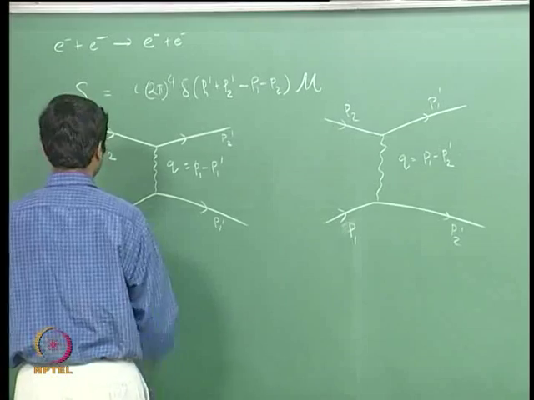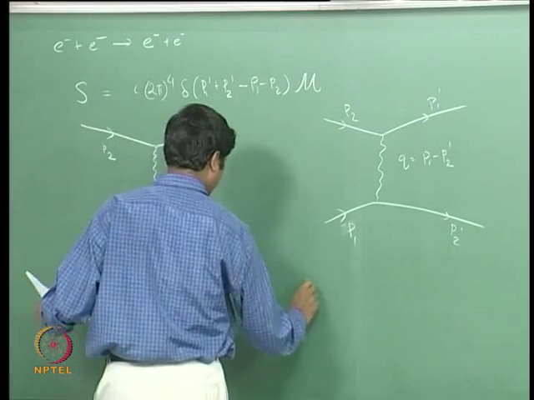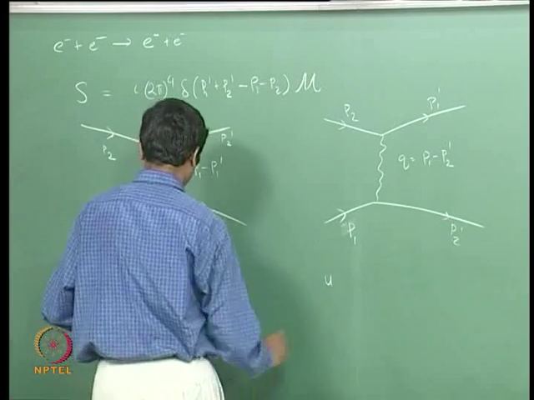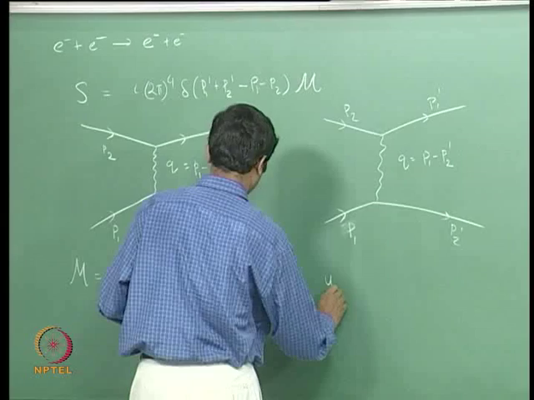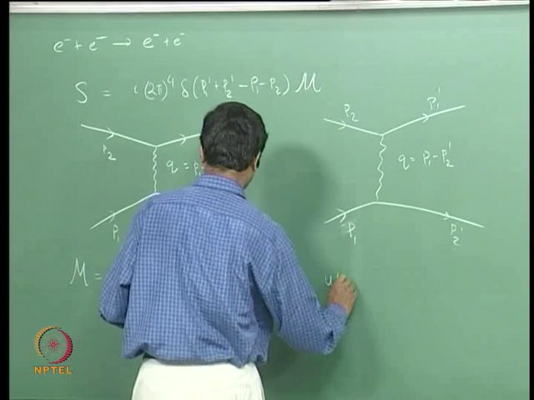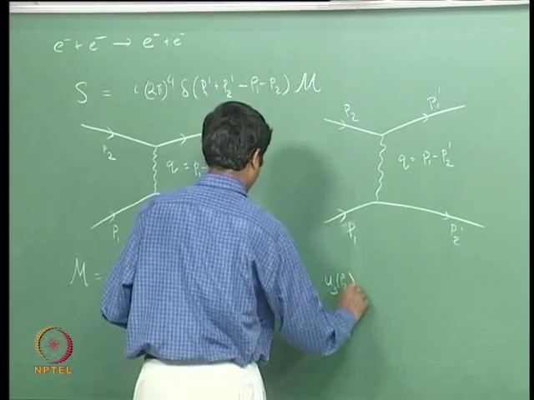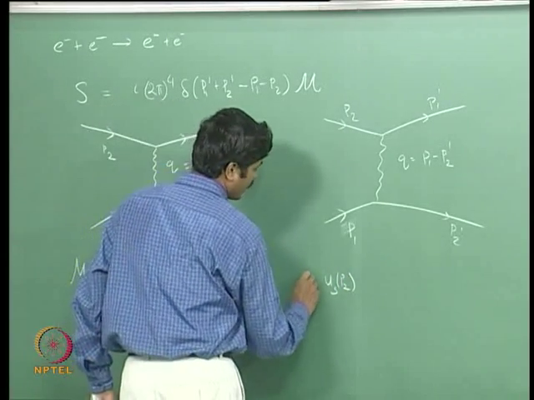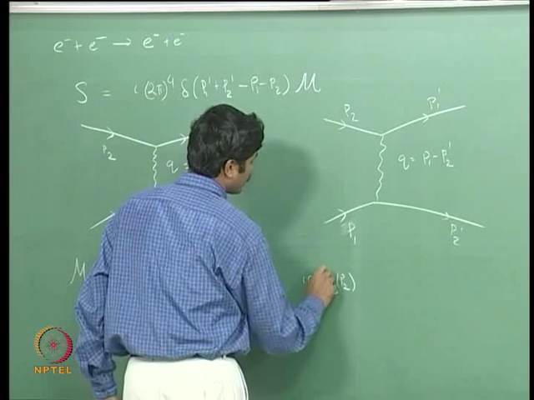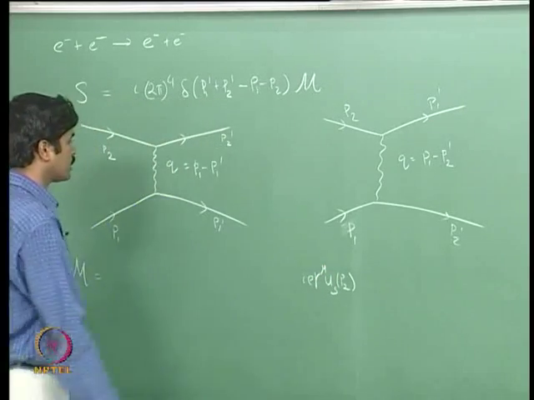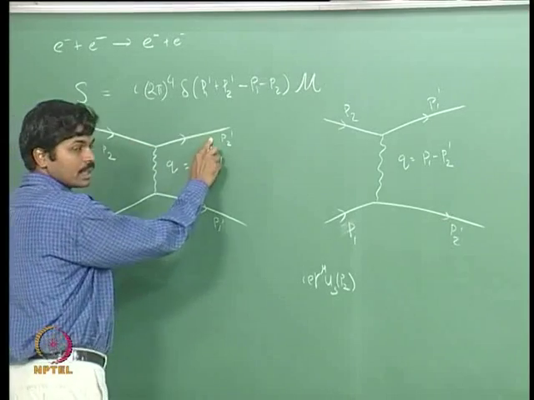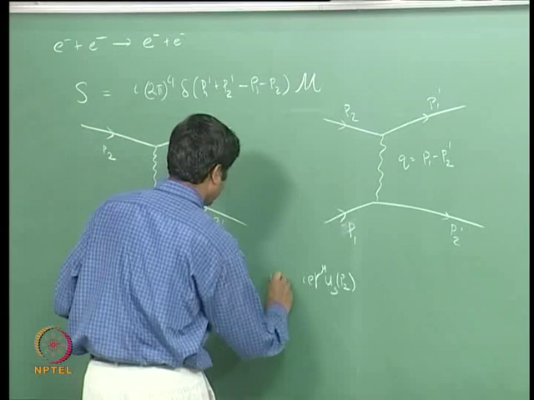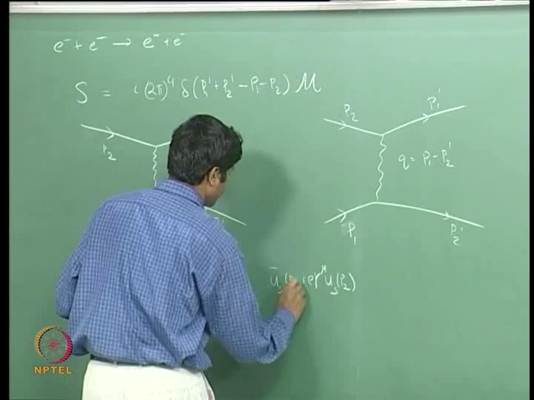You have this incoming electron u_s of p2, then there is this vertex which is i e γ^μ, and then you have this outgoing electron which I will write ū_s' of p2'.